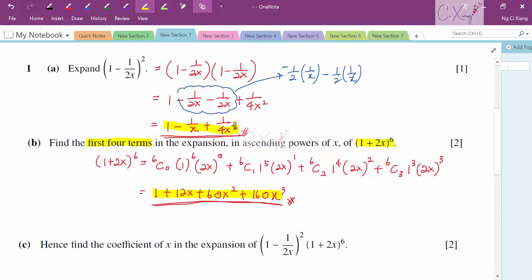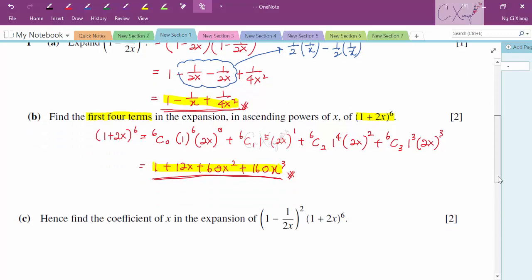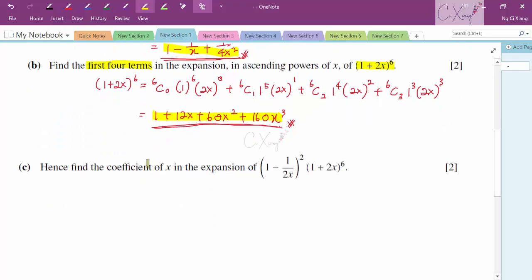Now we continue to part C. For part C, they want us to find the coefficient of x for this particular expansion. If you have a look in detail, the first bracket is the bracket that we expanded in part A, and the second bracket is the one where we expanded the first 4 terms in part B. So we are going to use the results from part A and part B to get the answer.